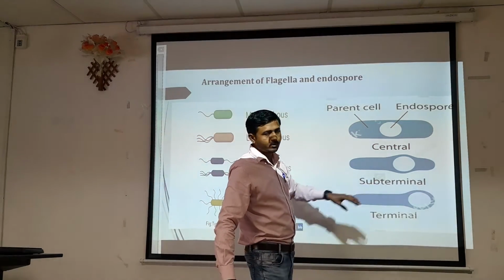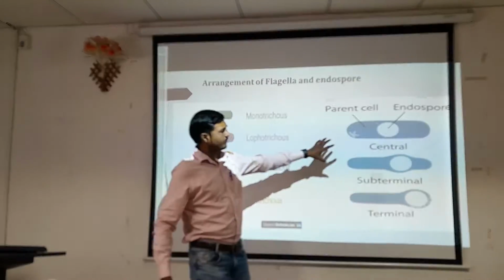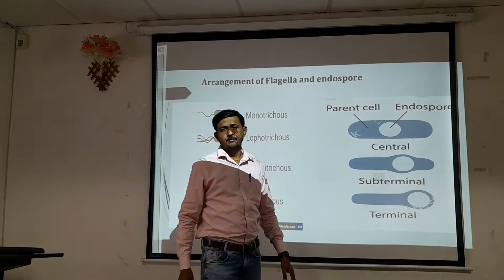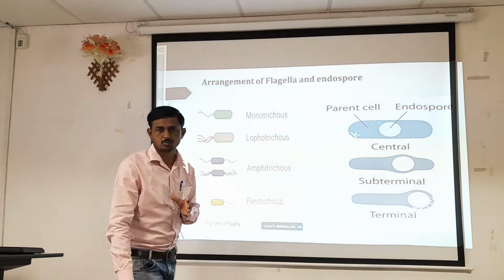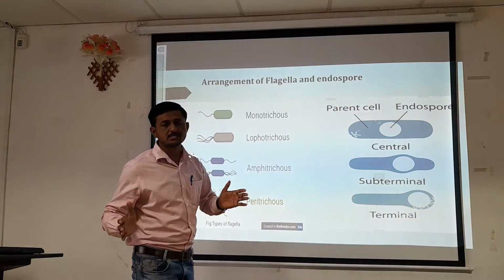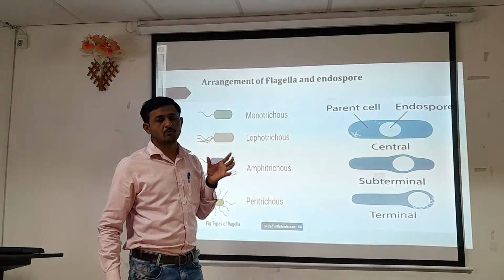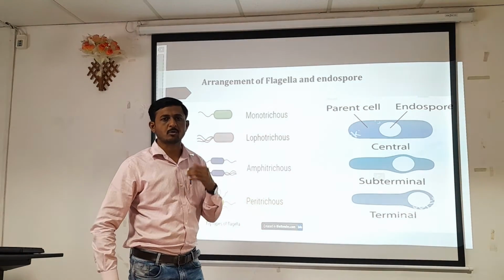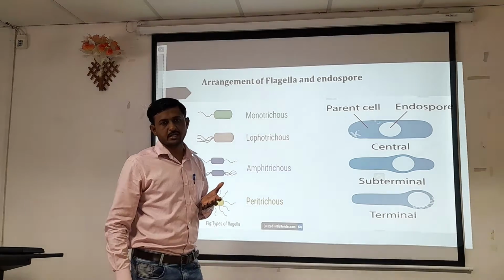The terminal endospore type of structure is normally found in Clostridium tetani, and these types of structures are normally found in bacillus. So on the basis of the position of the endospore, bacteria can also be categorized into another group of bacteria. These are the morphological characteristics which can normally be observed under the microscope using different staining techniques.